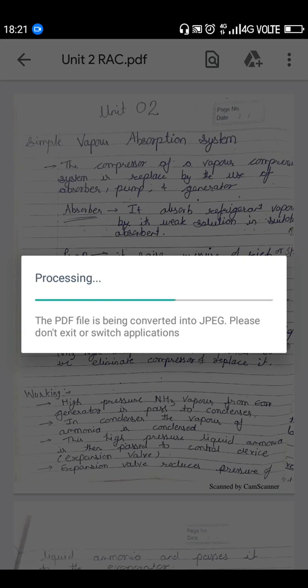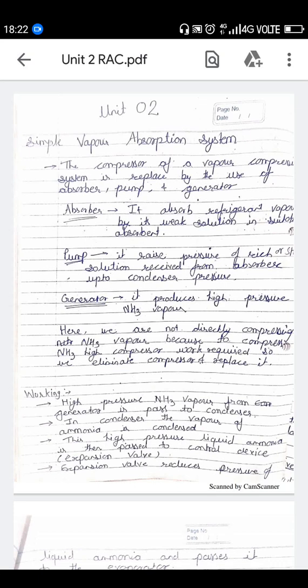Instead of compressor, we are using these three components, and the components like condenser, evaporator, receiver, throttling valves remain the same whether it is a vapor absorption system or a vapor compression system.